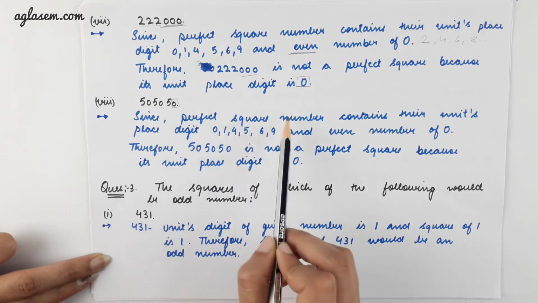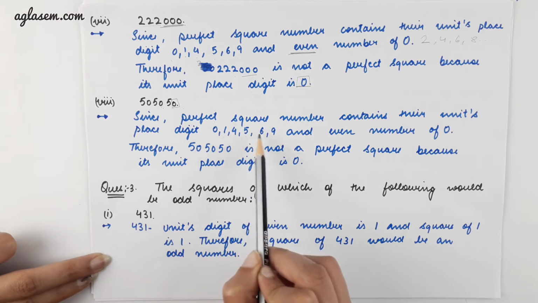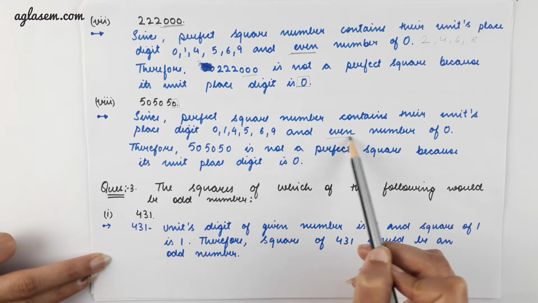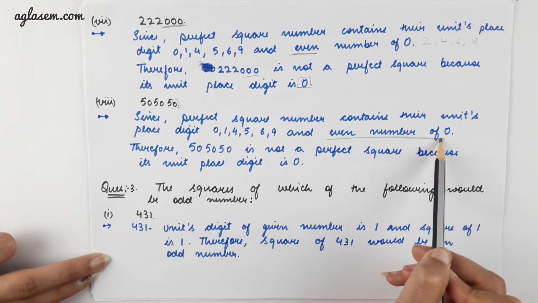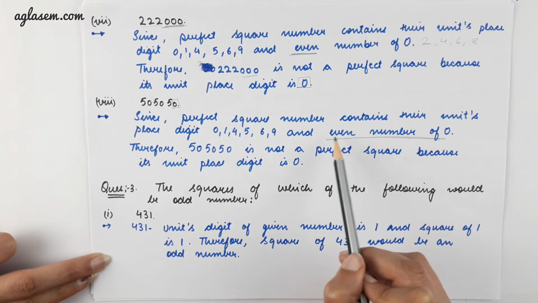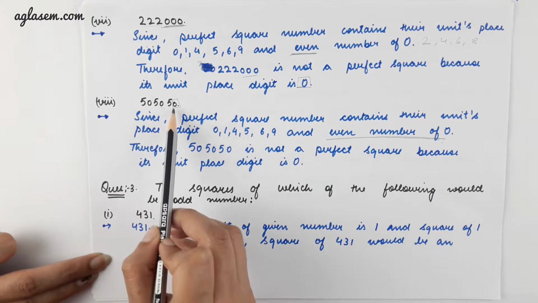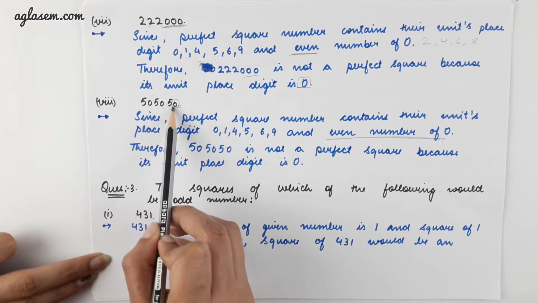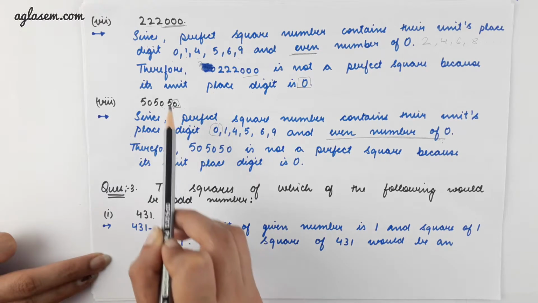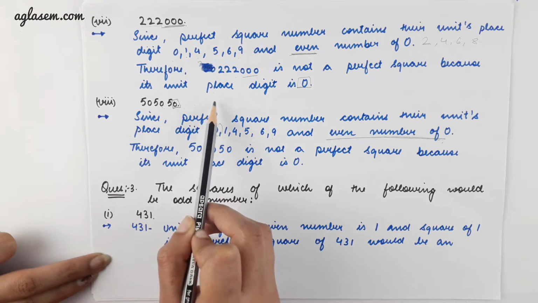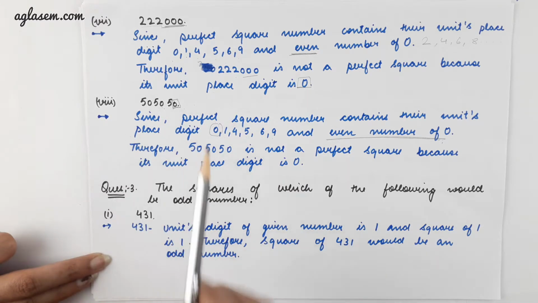Since a perfect square number contains the unit place digit as 0, 1, 4, 5, 6, 9 and an even number of zeros, for such questions we have to consider this fact that a perfect square number should end with an even number of zeros. Here, though this number is ending with 0, the number of zeros is not even. Therefore, this number is also not a perfect square number.